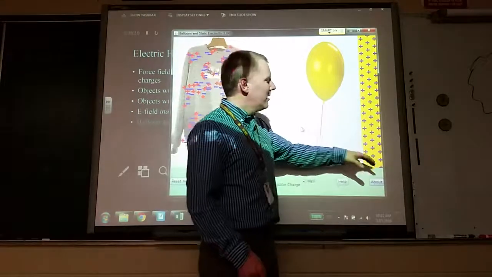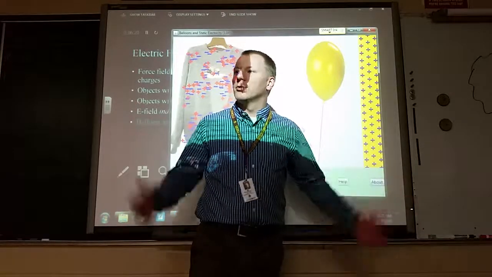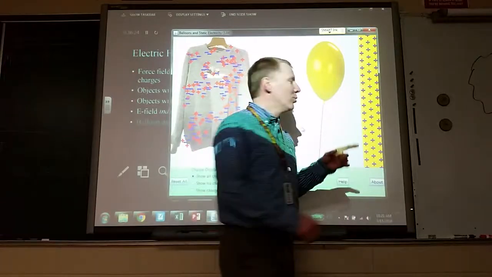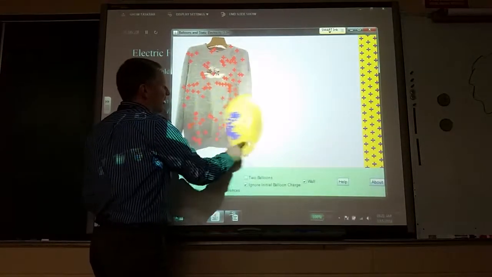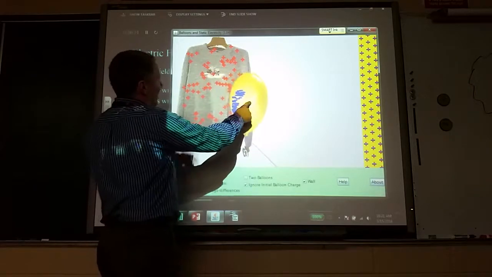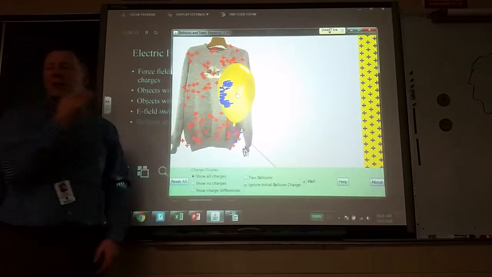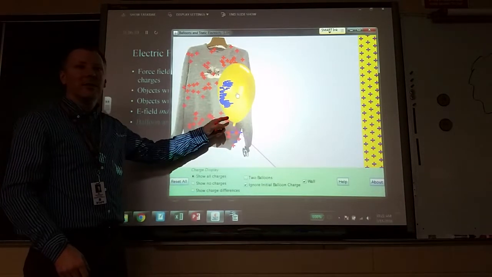Well, the wall is normally balanced. It has a neutral charge. Same with a balloon to start out with. But when you rub two things together, say a balloon on your hair or this sweater, let's say the sweater is normally neutral, but when you rub the balloon on it, it grabs onto a bunch of those electrons, making it negative.